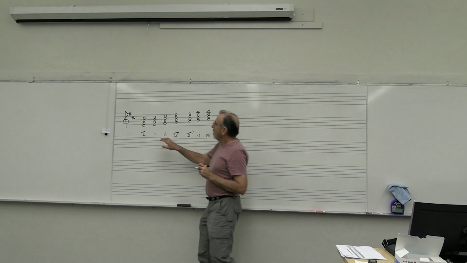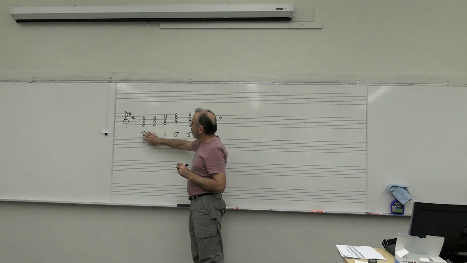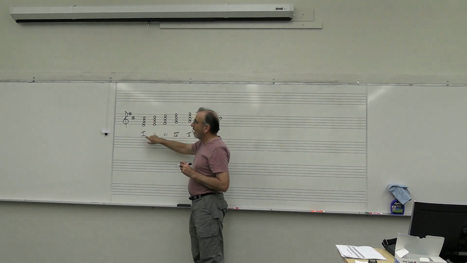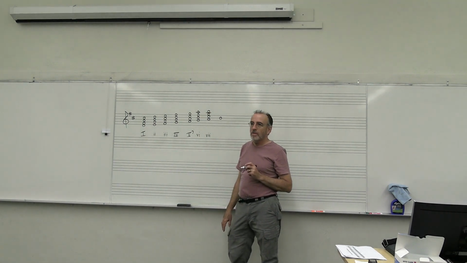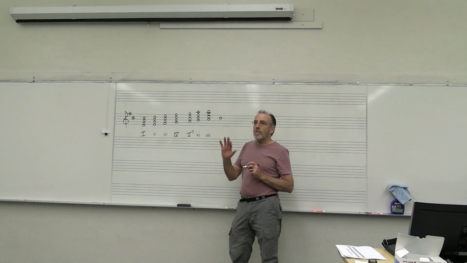Okay, so if I build a 7th chord on the tonic, D, F sharp, A, and C sharp, what kind of a 7th chord is that? Well, what are our 5 types of 7th chord? Let's review that.